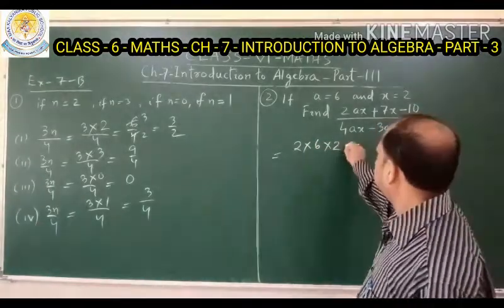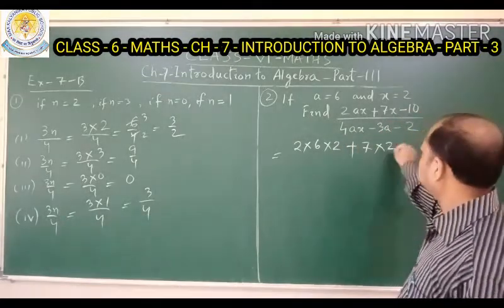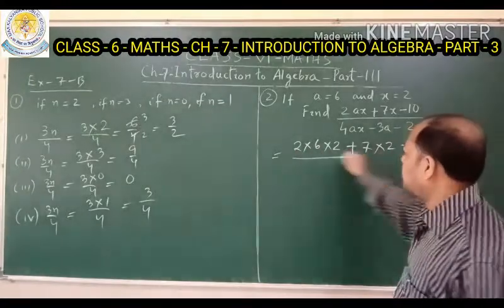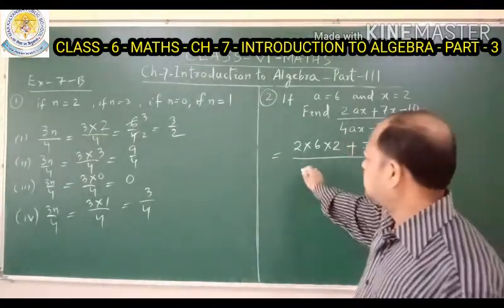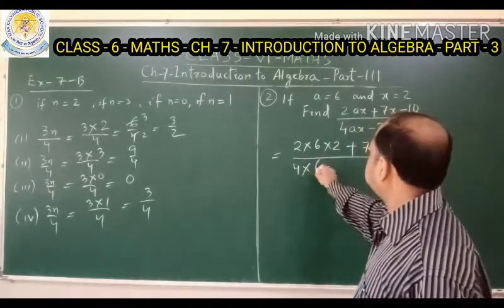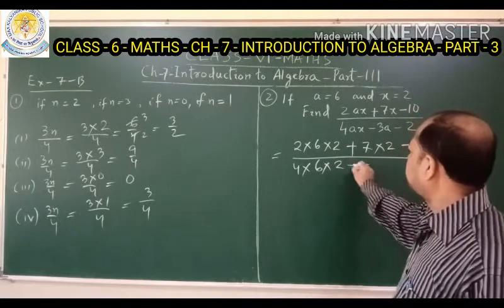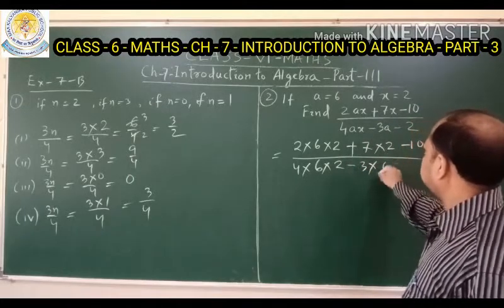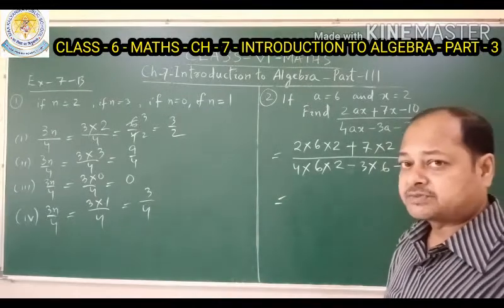That is 2, plus 7 into x. What is x here? 2, minus 10, upon 4ax, that is 4 into 6 into x is 2, and minus 3a, that is 6, minus 2.